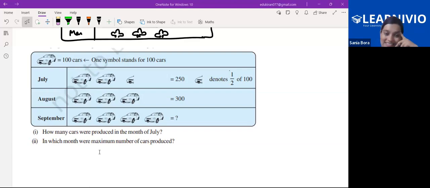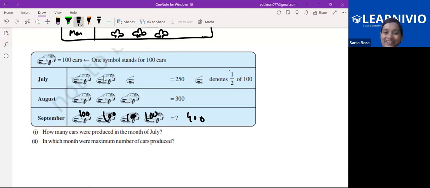It's written. Okay. So now who will tell me in the month of September how many cars are produced? 400. Yes. Because one car is representing 100. So 100 plus 100 plus 100 plus 100, so it's 400.